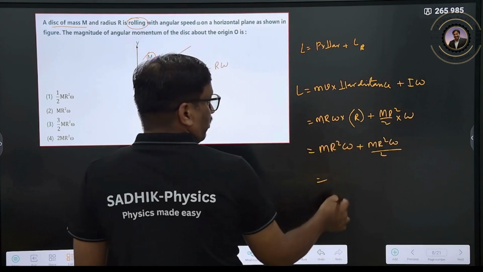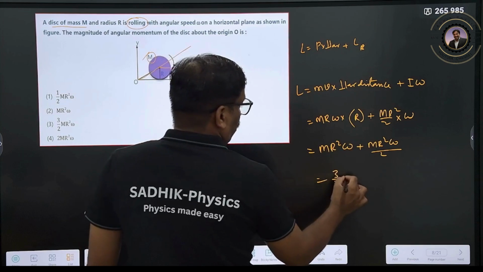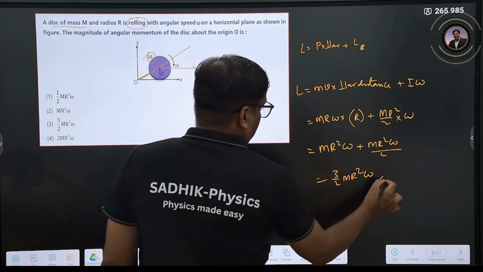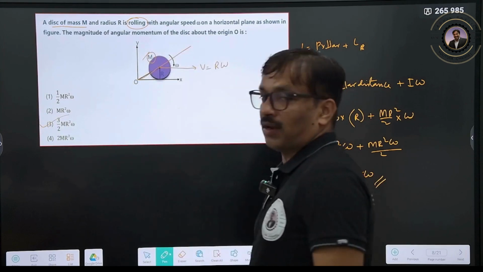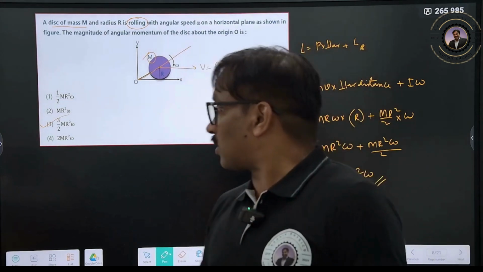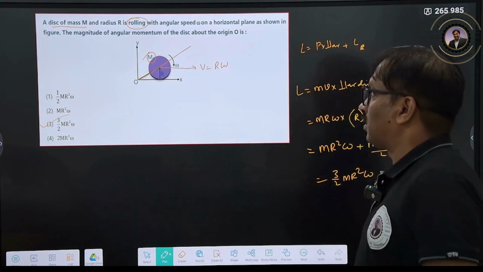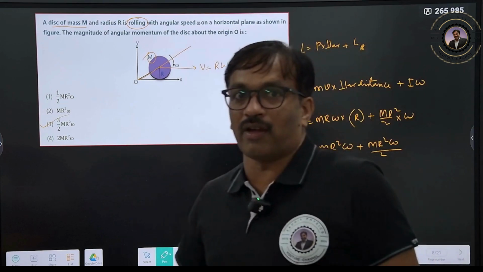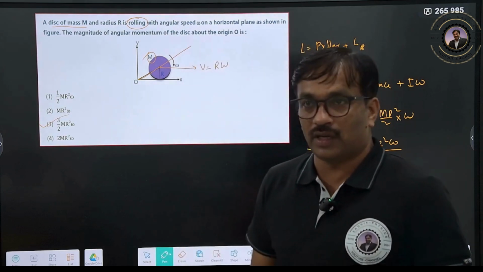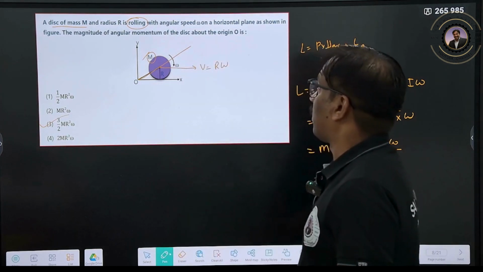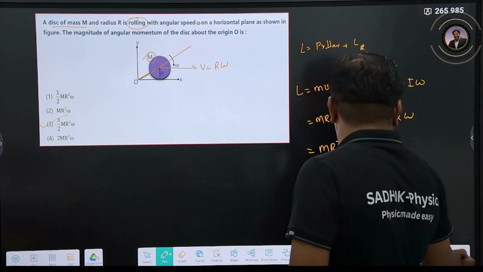So 1 plus 1 by 2 is 3 by 2 m r square omega. This is your angular momentum of this disc. This is one different question. I already did the full angular momentum concept, so please go through that video on angular momentum.